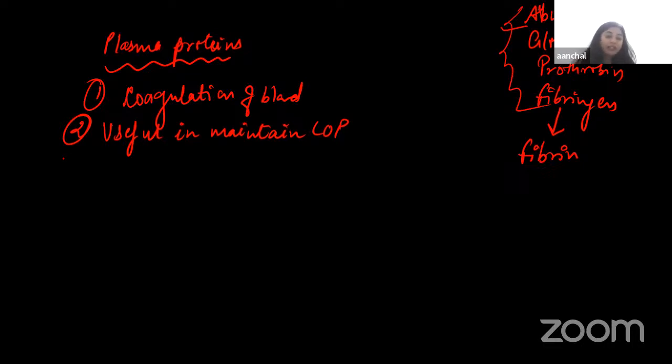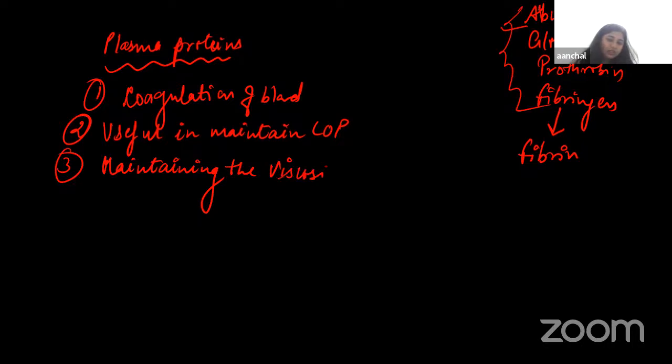Okay, then next we have that it is useful in maintaining the viscosity of blood. Okay, so as we know, 80% of total plasma protein concentration is due to albumin, globulin, and fibrinogen.